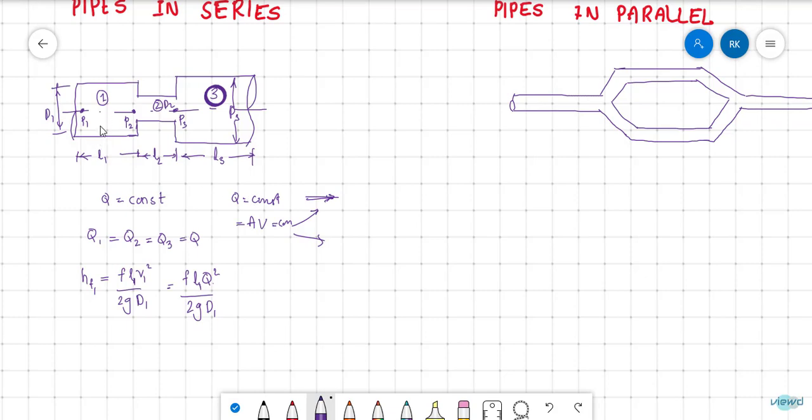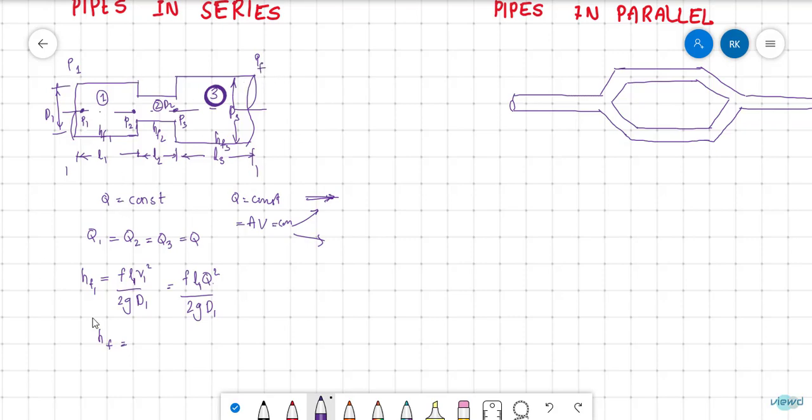Here there is HF1, here there is HF2 head loss, here there is HF3 head loss. So the total head loss from here to here: there is a pressure P1 and here let me say the final pressure PF.